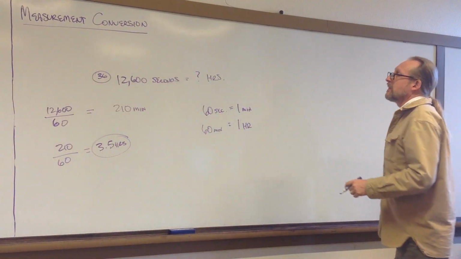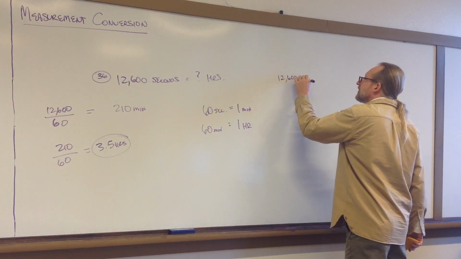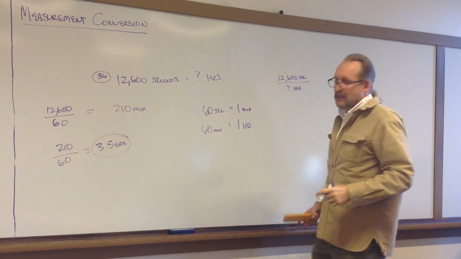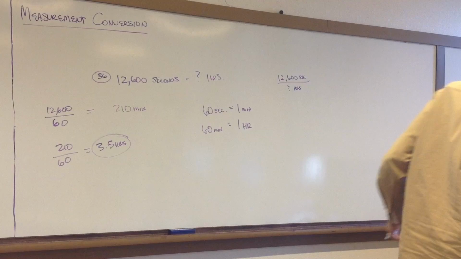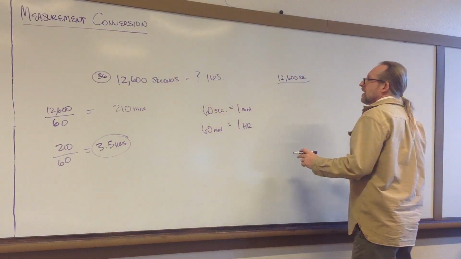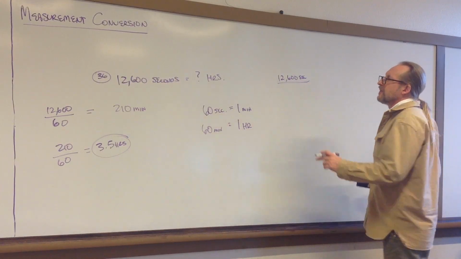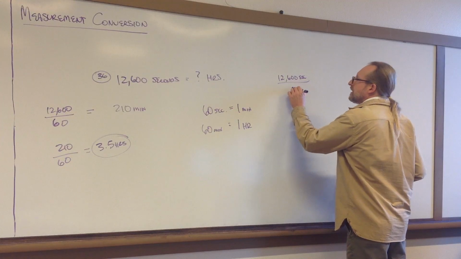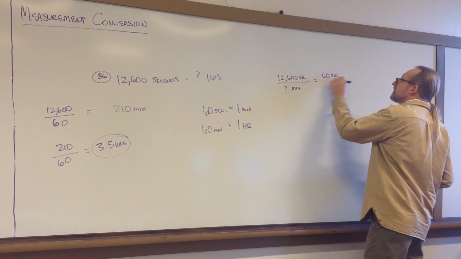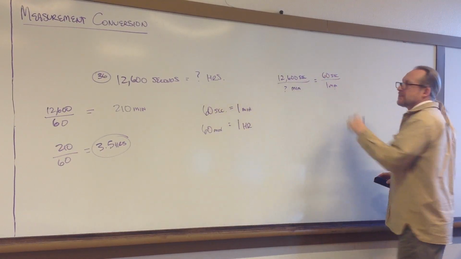Okay? And again, if you wanted to set this up as proportions, 12,600 seconds, how many hours? Well, actually, we can do it directly if we want to, but I think it's slightly safer to go first into minutes, knowing that 60 seconds is 1 minute. And again, notice I'm putting the seconds on top, the minutes on the bottom.